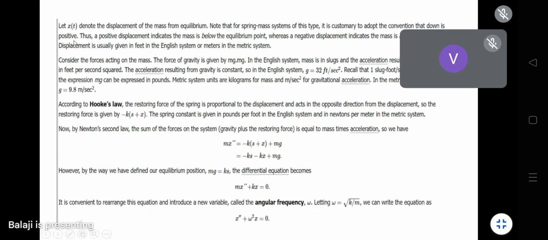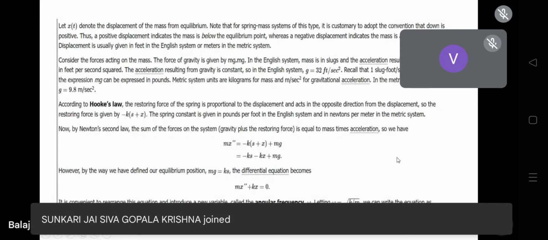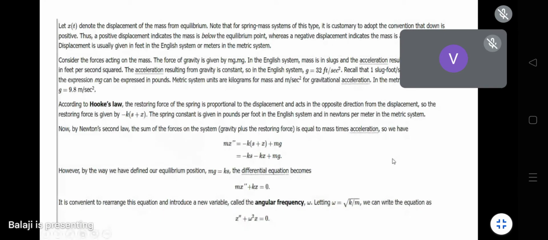Next, how do we get the differential equation? You know the concepts: displacement, mass, equilibrium, whatever I discussed on the figure. All the things are available here, and you get it using Hooke's law. Apply Hooke's law and you can get the differential equation.